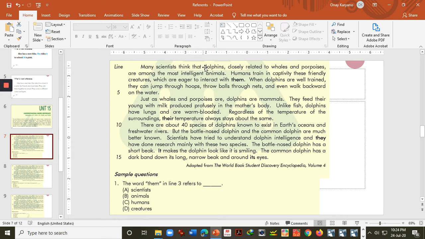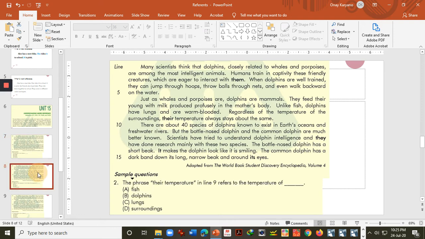Many scientists think that dolphins are closely related to the whales. Oke, jadi dari sini mungkin sudah terlalu jauh. Karena kita sudah ketemu ada humans, ada creatures. Jadi jawabannya langsung mengerucut antara humans or creatures. Dan ketika we try to replace the word them, I think the best one is humans. So the best answer for number 1 is C.